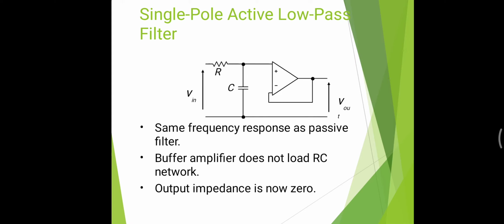From this circuit diagram we conclude there is the same frequency response as in a passive filter, but the buffer amplifier does not load the RC network, and the output impedance is now 0.